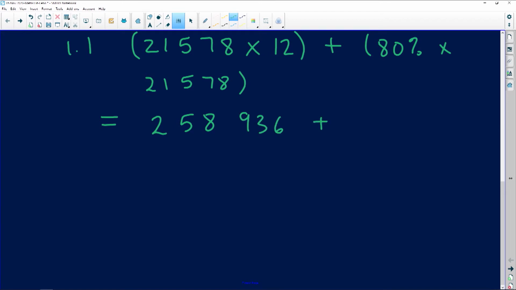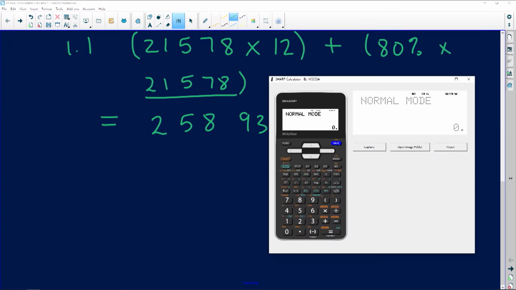Plus, now we want 80% of this. How am I going to do that? I'm simply going to say 80 all over 100 times 21,578.